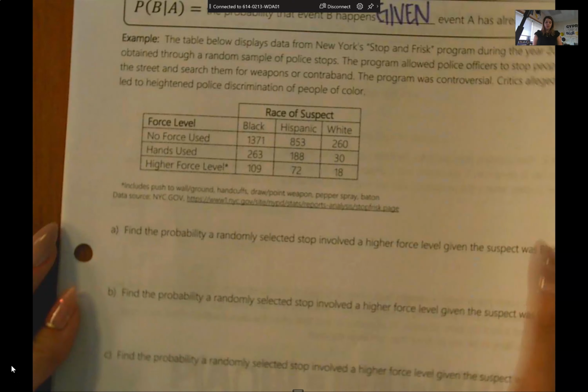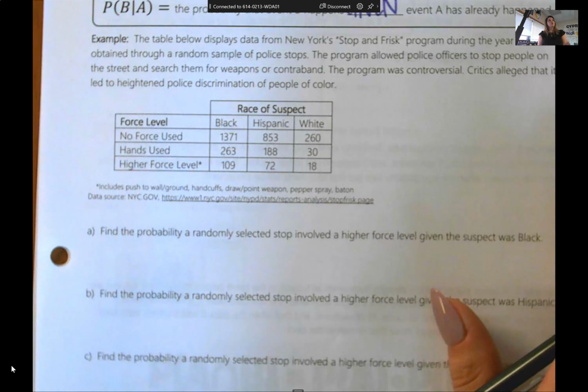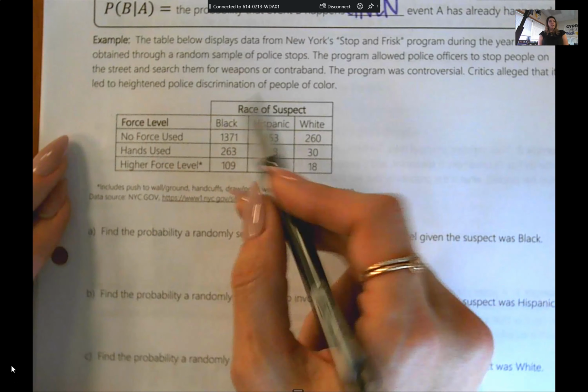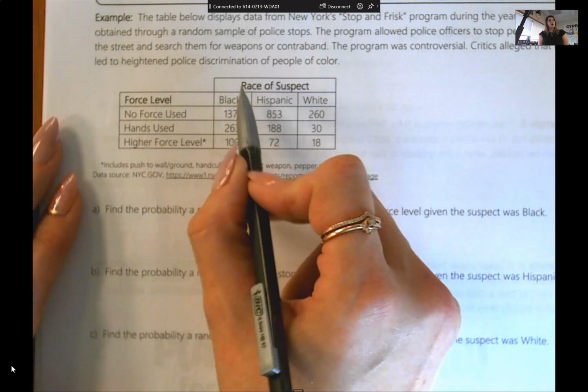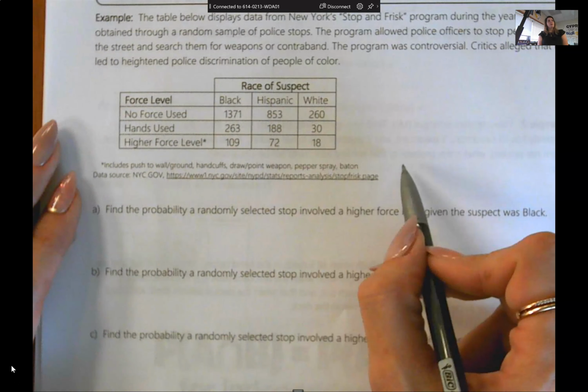So our first question says, well, actually, what I want to look at first is how many total stops did they sample? So I think that we should just total up the race columns and then add them over.